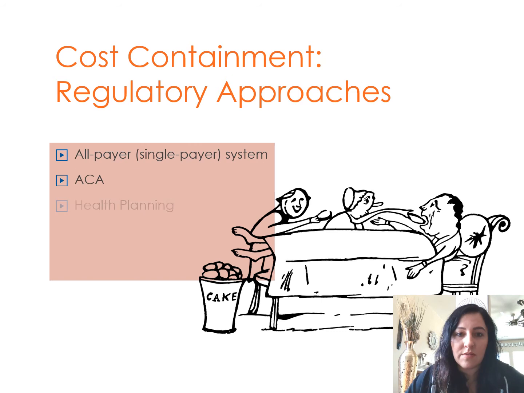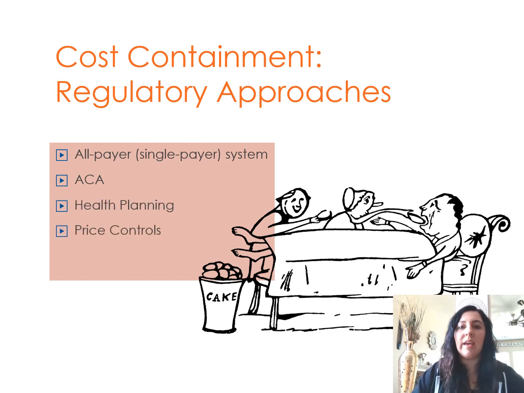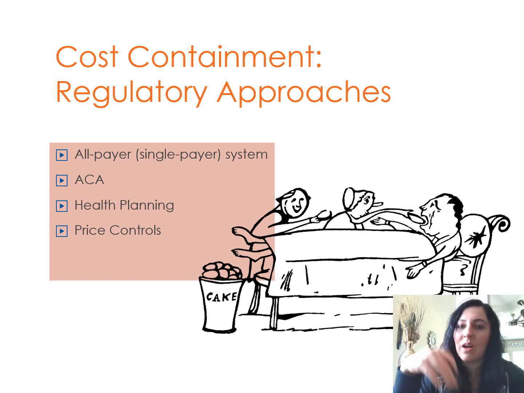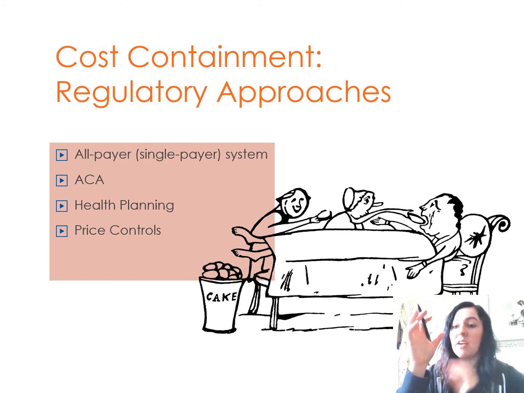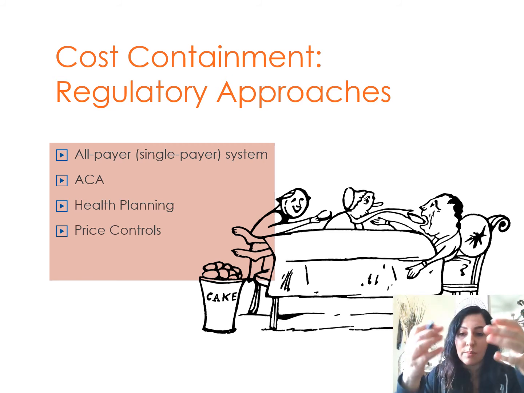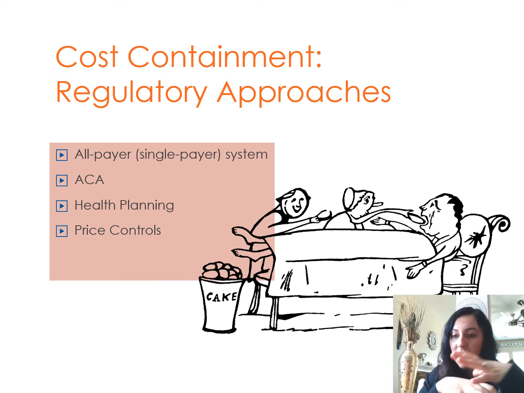Okay. So how can we implement regulatory approaches to try to contain these costs in our country? Some things we can do: an all-payer system would help. If we had a single-payer system, kind of like the UK, Canada, and whatnot, where maybe the government issued a mandatory health insurance that everyone has to pay into, that would help and create standards.